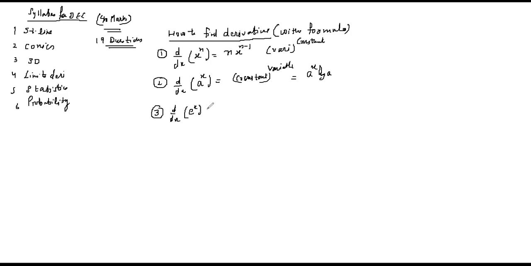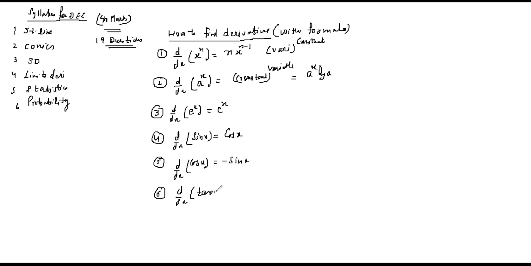Derivative of e raised to power x is e^x only. Derivative of sin x is cos x. Derivative of cos x is minus sin x. Derivative of tan x is secant square x. Derivative of cot x is minus cosecant square x.